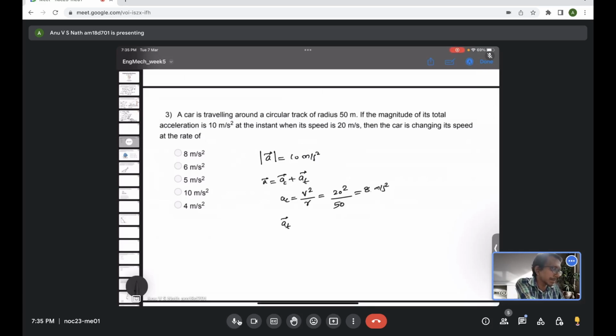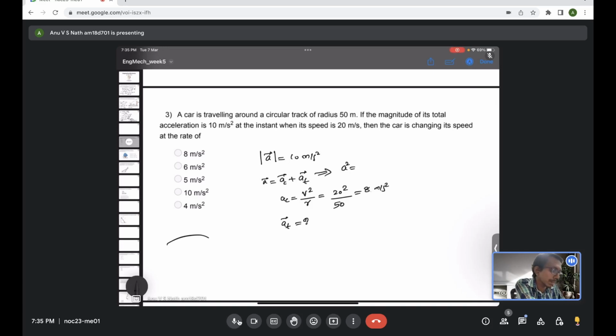And now the tangential acceleration, which is the one we need to evaluate. Then from here you can write the magnitude of acceleration, because the centripetal and tangential acceleration will be normal to each other.